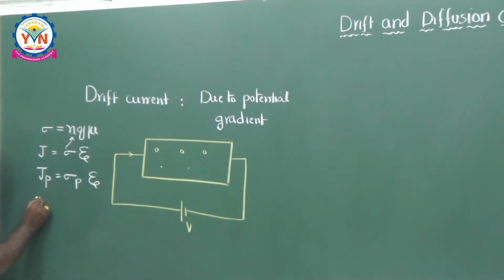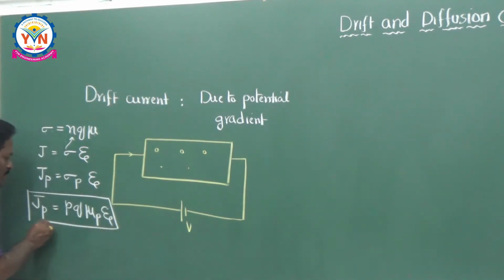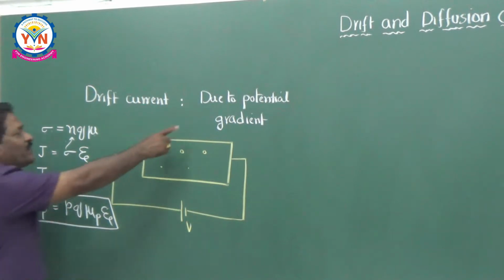So Jp is equal to p into q into mu p into Xi, since for holes the concentration is small p. This is the current density due to holes, and this current is due to the externally applied voltage. That's why it is a drift current.